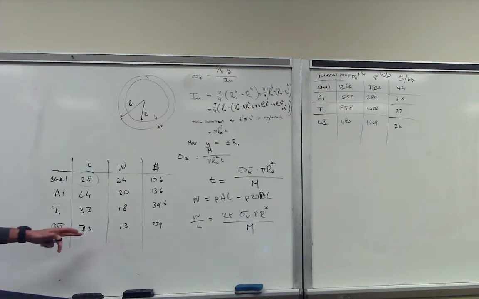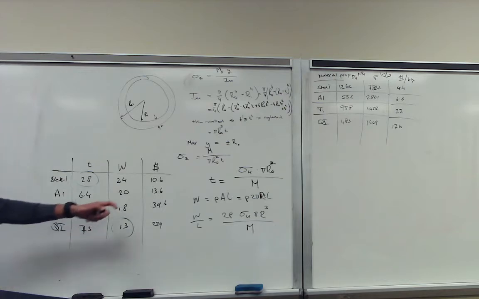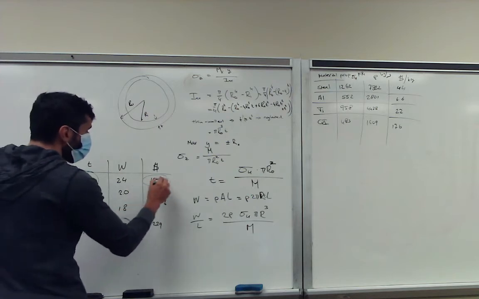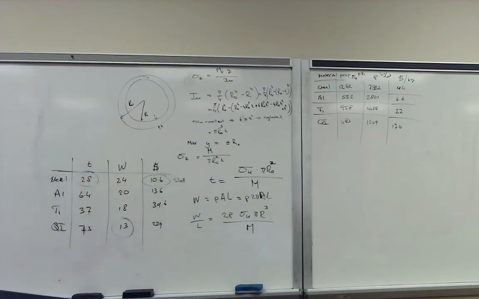And again, if you're actually limited by thickness, you cannot exceed a certain ratio, then in this case the quasi-isotropic laminate will be the best option. And of course, again, if you want to have the lowest cost, then in this case, again, the steel might be the best option.